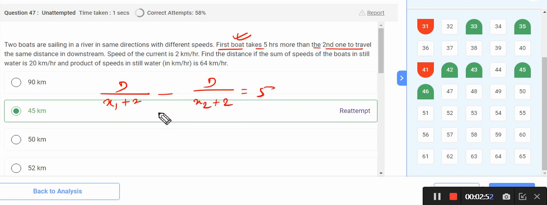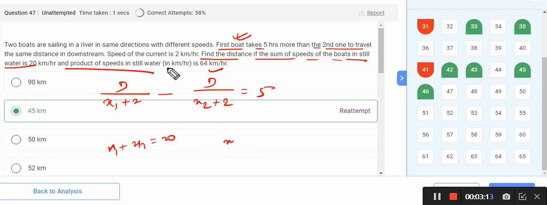So the difference is 5 hours, right? So distance divided by speed will give us time. Find the distance if the sum of the speeds of the boats in still water is x1 plus x2 equals 20, and the product of the speeds in still water, x1 into x2, is 64. So let's break this number into 8 8s and 16 into 4.